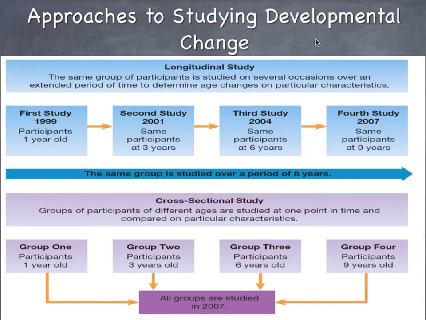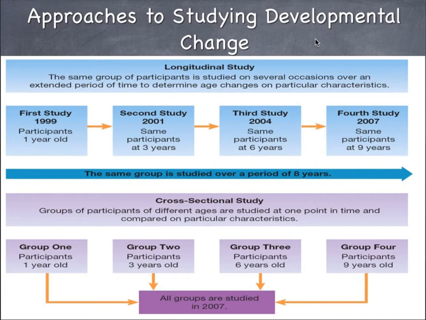So when we look at approaches to studying development, longitudinal studies are really important. You want to study groups or cohorts of people over long periods of time, the same group of participants followed at different ages. This keeps a consistent component about your participants.